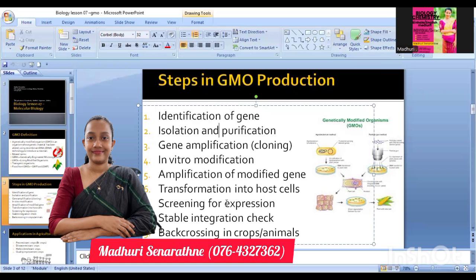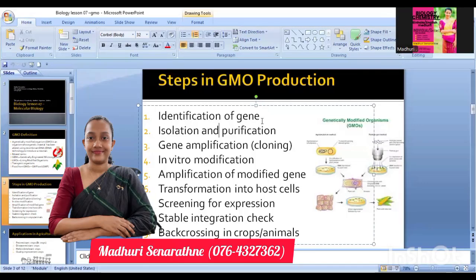Scientists then check whether the gene is expressed properly. Then they ensure the gene is stably integrated into the organism. Finally, in crops, the trait is transferred into other varieties using back crossing. Those are the steps in GMO production.